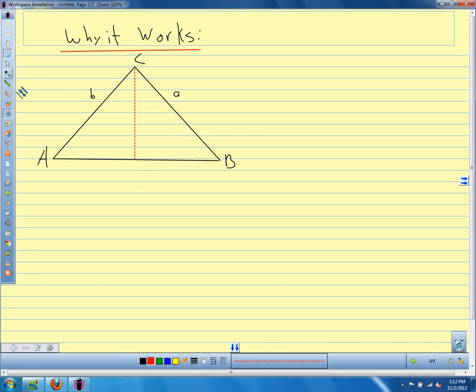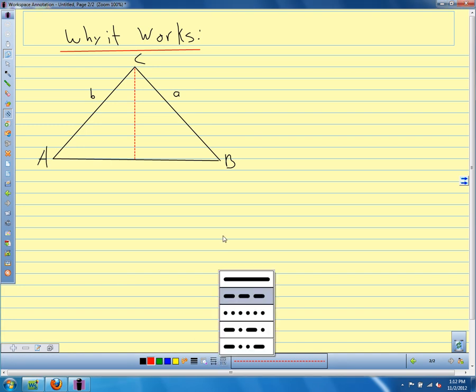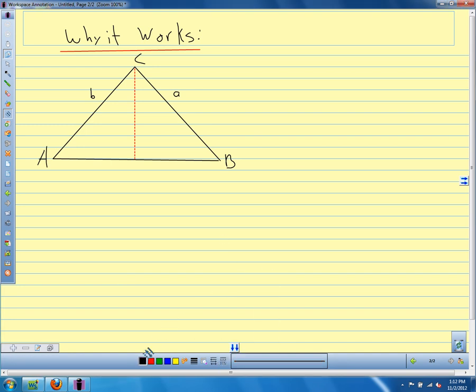And the height makes a 90-degree angle with this base. So this is a 90-degree angle, and we'll call this h. So now we've divided our triangle into two right triangles.